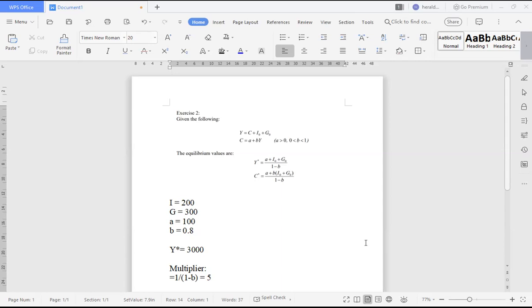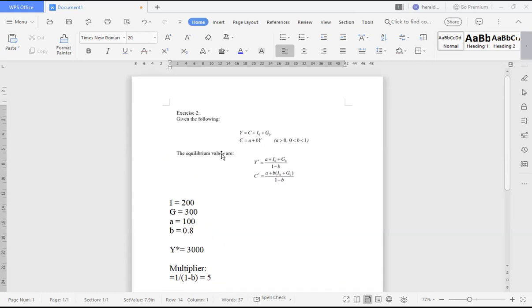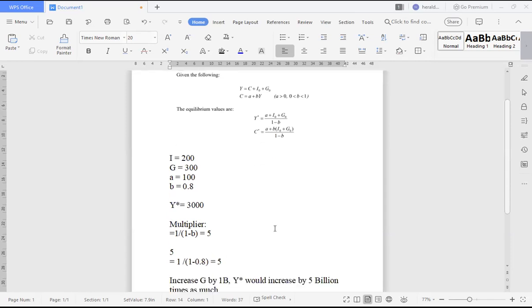Great. So let me just also add to the multiplier regarding the exogenous effect, class.